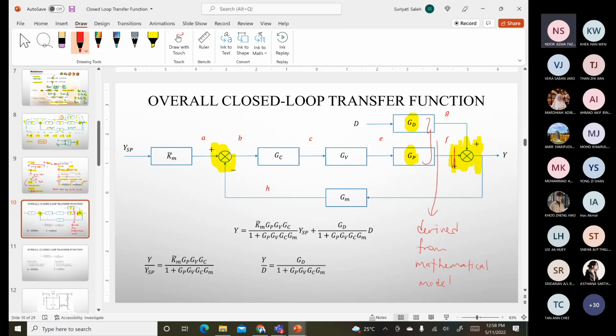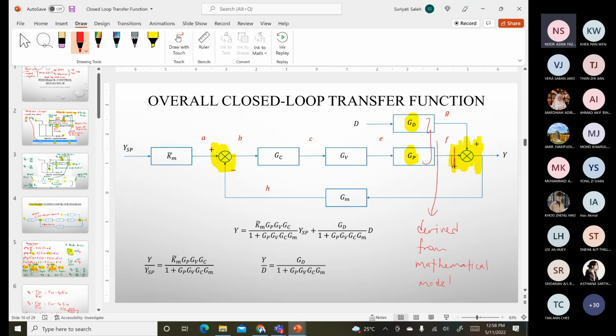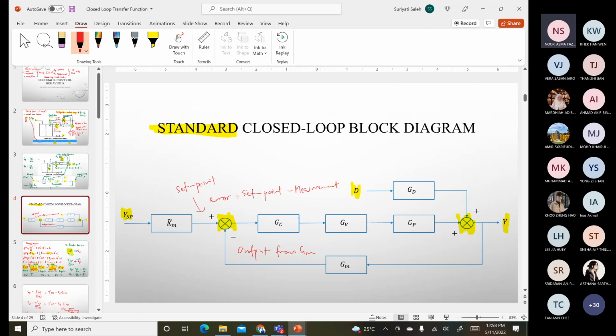So we already have the GP and the GD, the KM bar, the GC, GB, and GM. I will explain later how to obtain them. For the time being, if we have a configuration like this, where you have the LT, the transmitter, the controller, and the valve, then this is your standard block diagram.